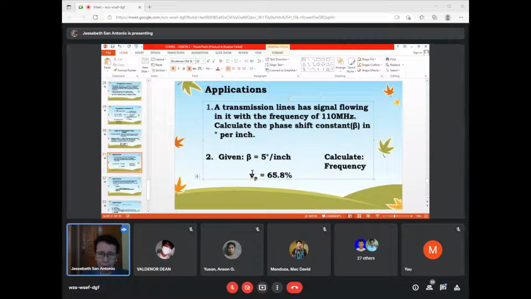Then, the velocity of propagation is given to be 65.8%. Here you are asked to calculate for the beta or the phase shift constant.